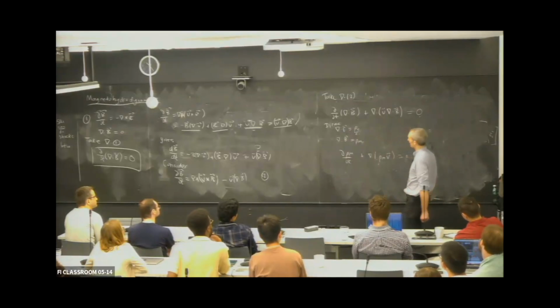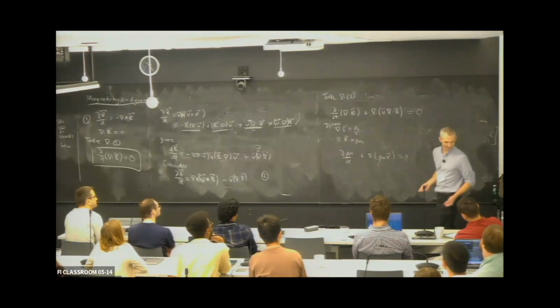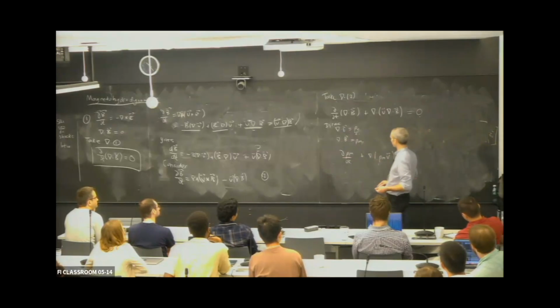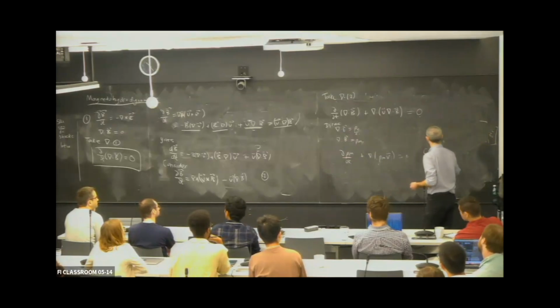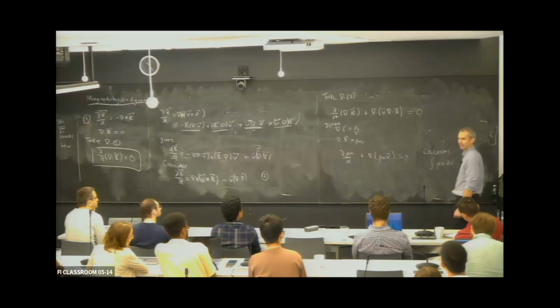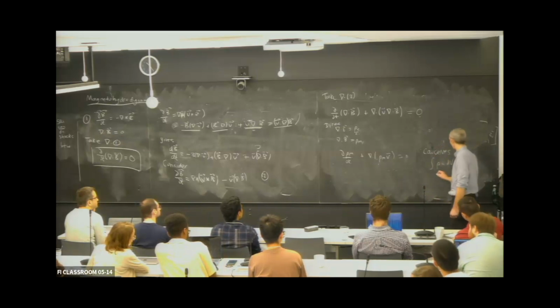So it's saying that if I had monopoles, let's pretend I had monopoles, then the right thing to do would be to, they would obey a conservation law. And what's the conservation law here? It would be the integral of rho m dv would be a constant, like mass. And what is that thing?